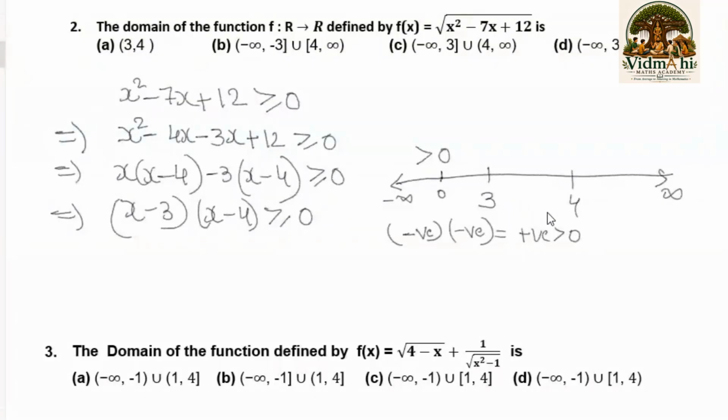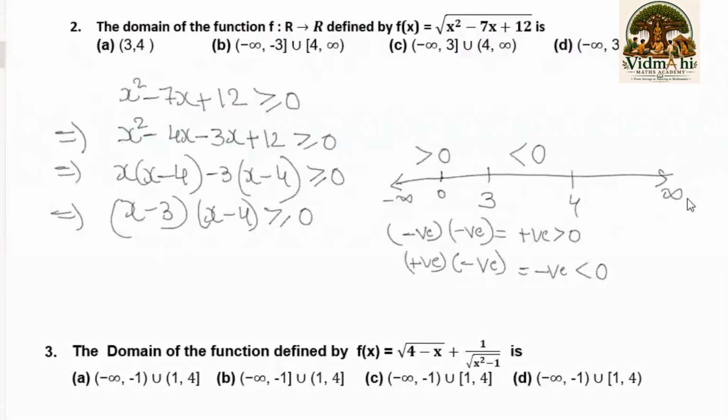In between 3 to 4, consider any one value, for example 3.5. Substitute here: 3.5 minus 3 is positive, 3.5 minus 4 is negative. Positive into negative is negative, so that is less than 0. That means in between 3 to 4, the value of the function is less than 0.